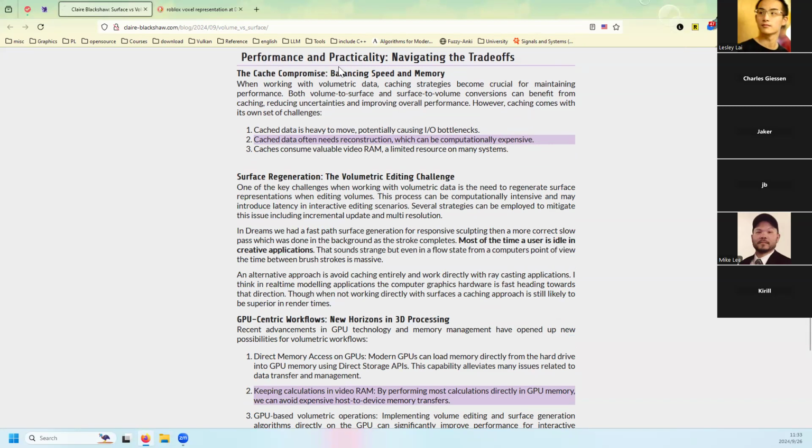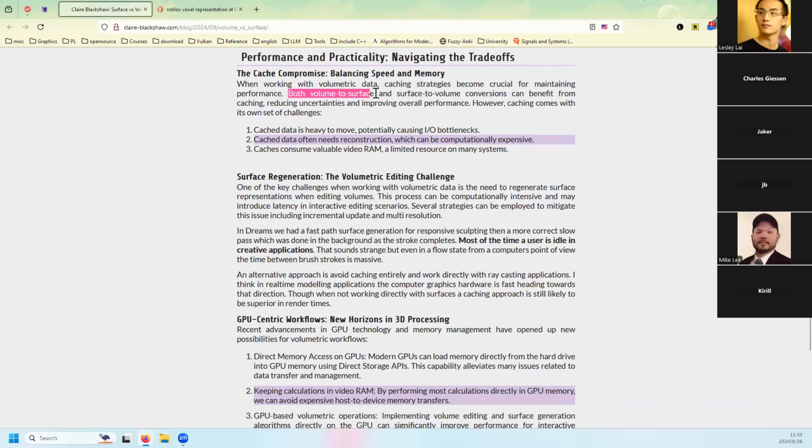Performance and practicality. Cache compromise. Balancing speed and memory. Caching strategies become crucial for maintaining performance.